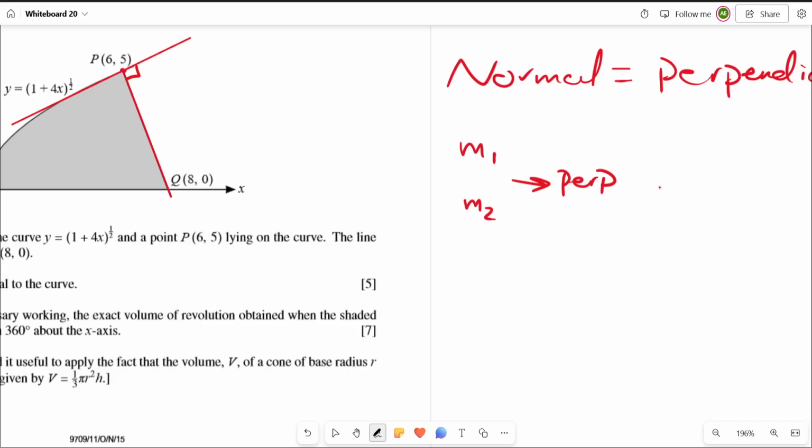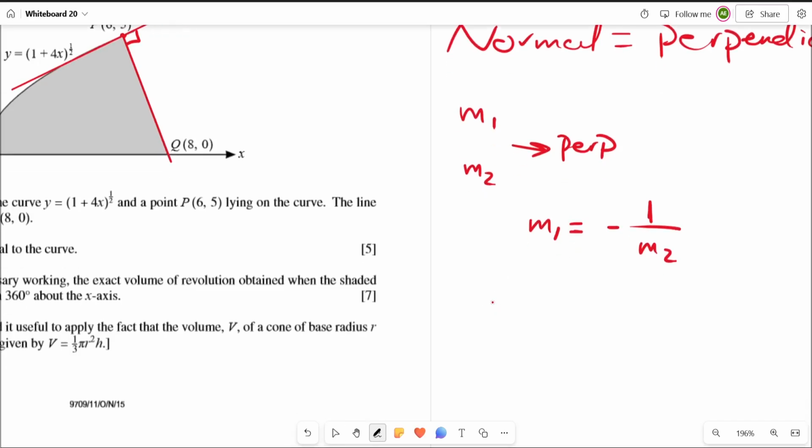That means if m1 is equal to negative 1 over m2, then the two lines are perpendicular.